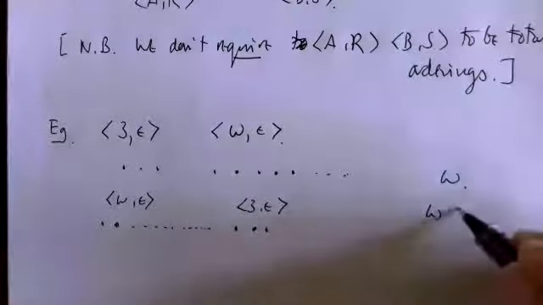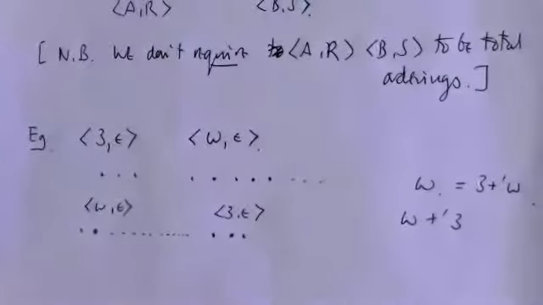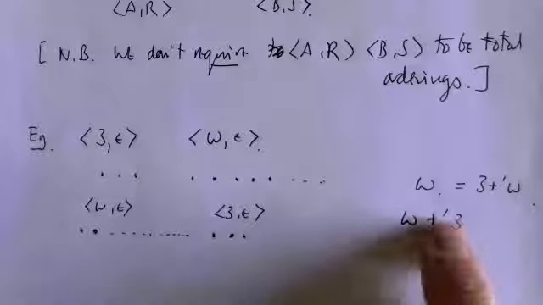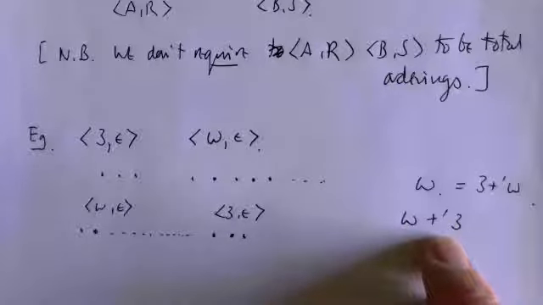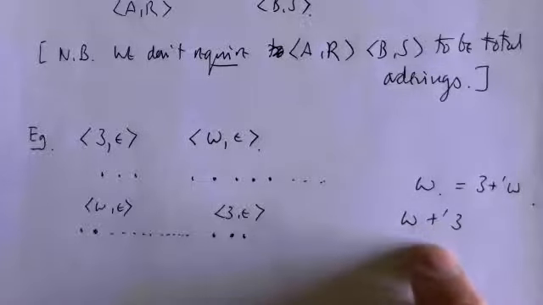This is called omega plus 3. And this one just looks like omega, which is 3 plus omega. The little prime on the plus here means this is just our temporary definition of addition. We're going to have a definition of our arithmetic operations by recursion later.